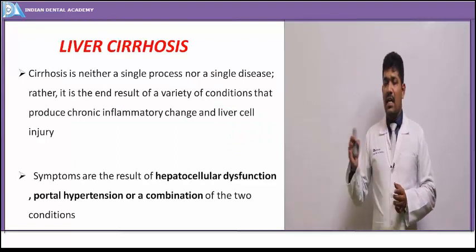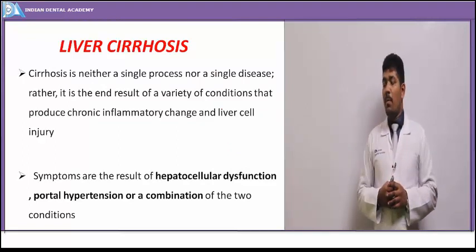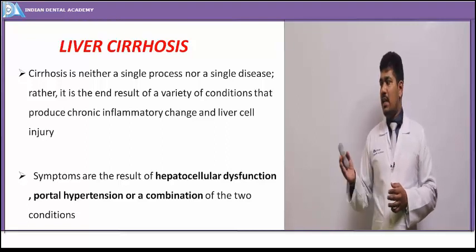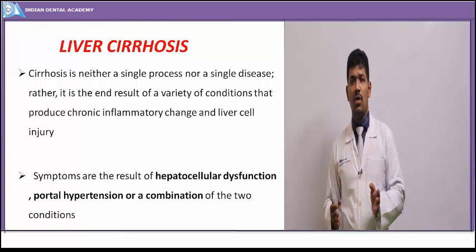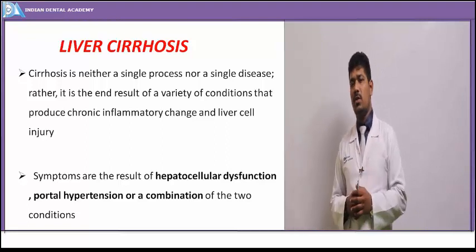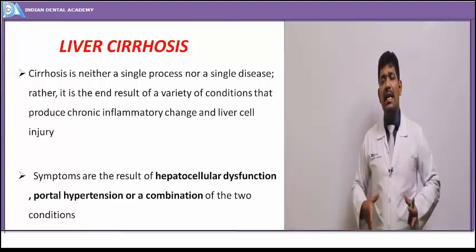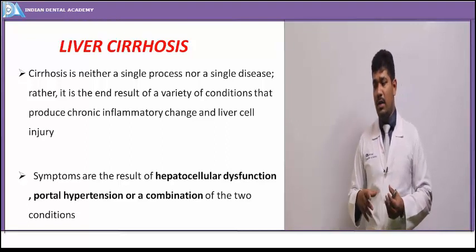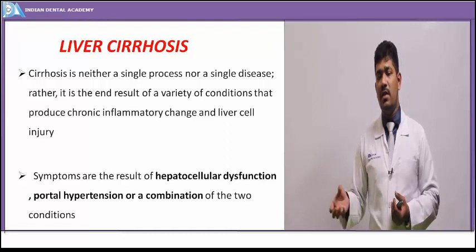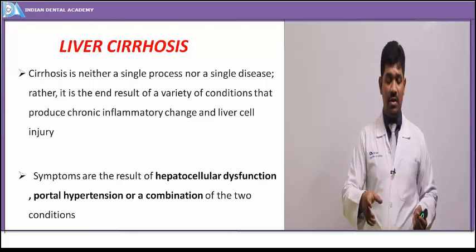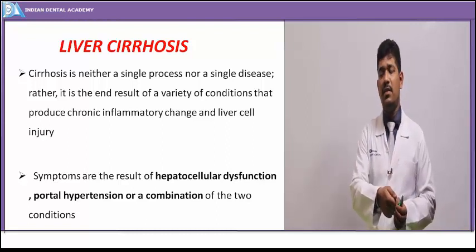The last more common kind of disorder affecting the GIT is liver cirrhosis. Basically, cirrhosis is not a single disease or a single process. It's basically any kind of abnormality or liver disease which directly ends as cirrhosis.